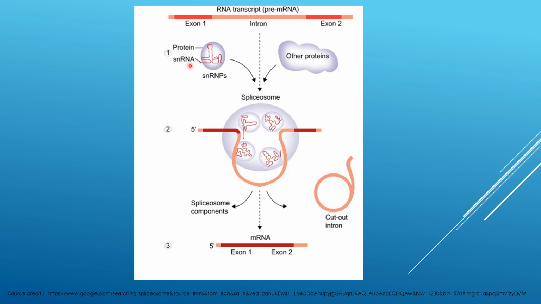Here, small nuclear RNAs and small nuclear ribonucleoprotein are involved to form this spliceosome assembly. Some other proteins are also required, and all these combinedly join to the pre-mRNA, which cleaves the intron from the mRNA.